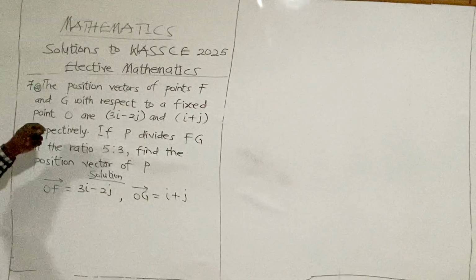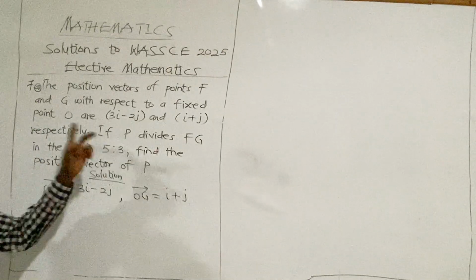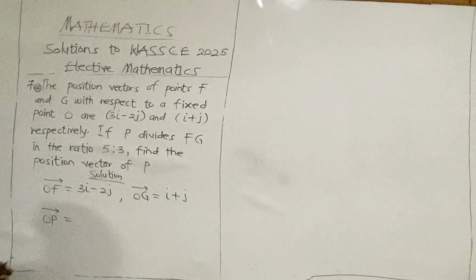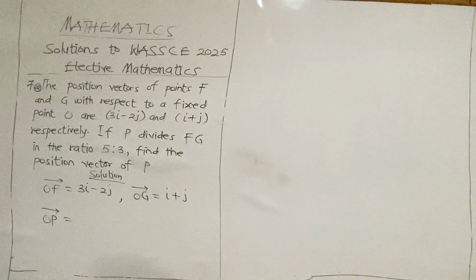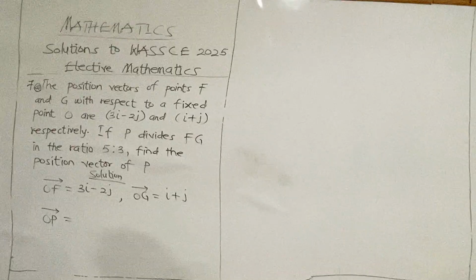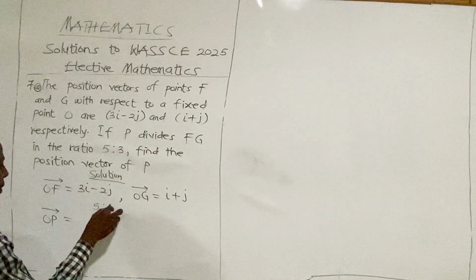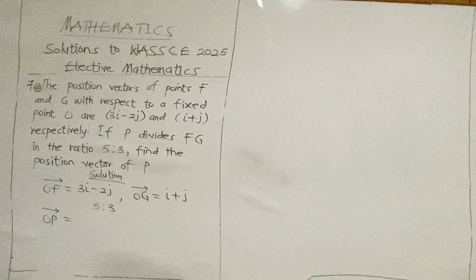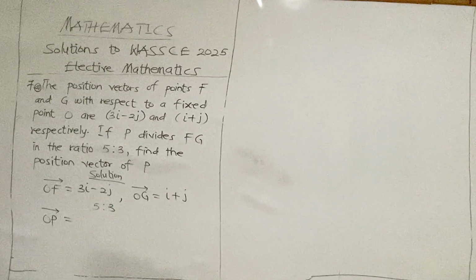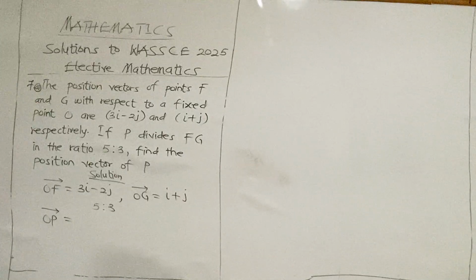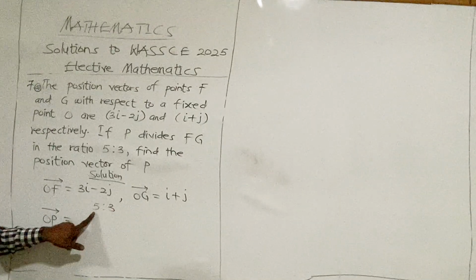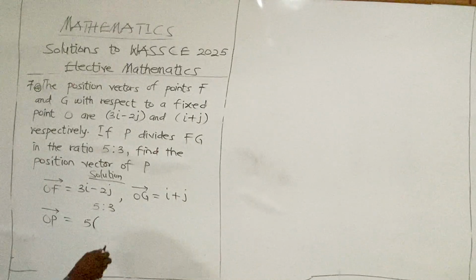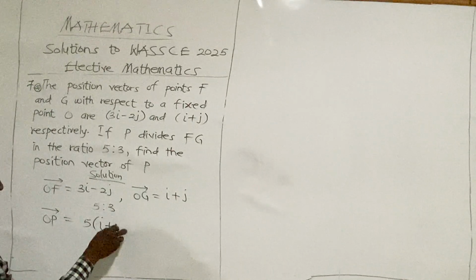The question is saying that P divides FJ in the ratio, so now we are looking for position vector P, which is OP. Here it has been divided in the ratio 5 is to 3. So this 5 will multiply this, so you are going to get 5 multiplying i plus j.